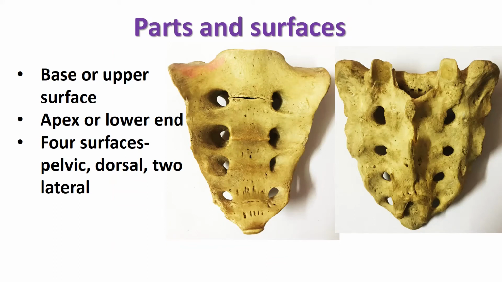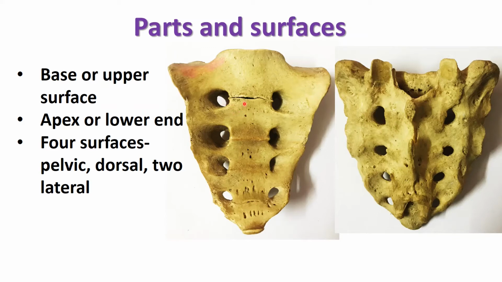Being a triangular bone, sacrum has a base or upper surface and an apex or lower end. It has 4 surfaces: pelvic, dorsal and 2 lateral surfaces.